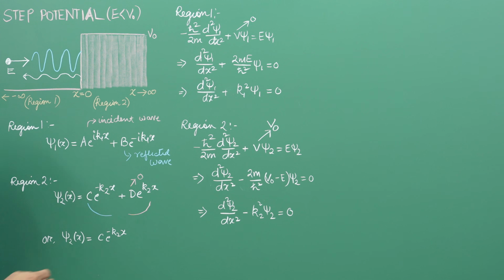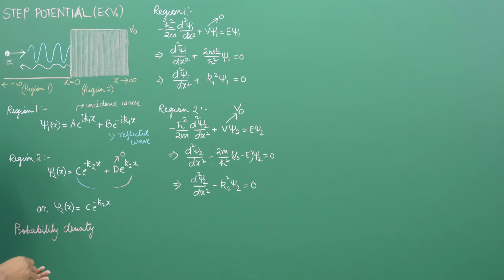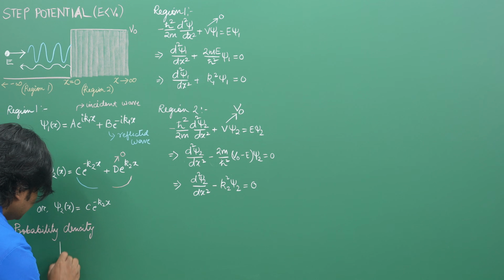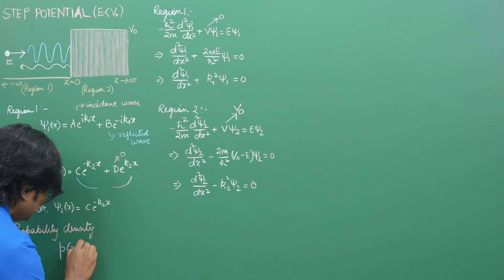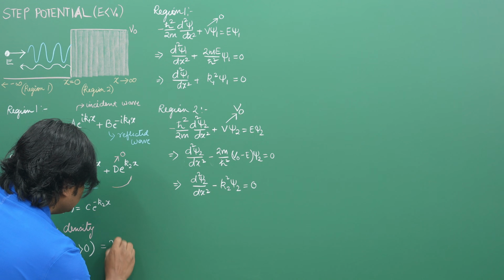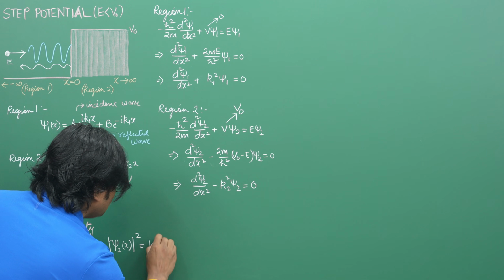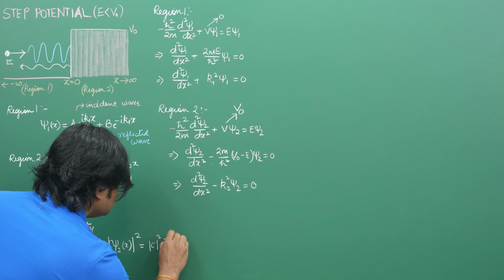So if we calculate the probability density, what is the probability density? The probability density that the particle will be found in the region x greater than 0 is nothing but psi 2 mod square, which is equal to c, being a constant, mod square e to the power minus 2k2x.